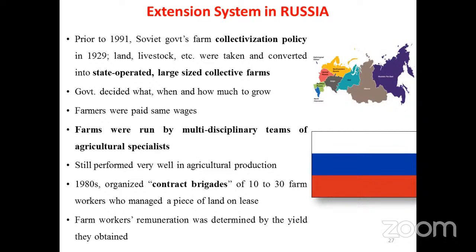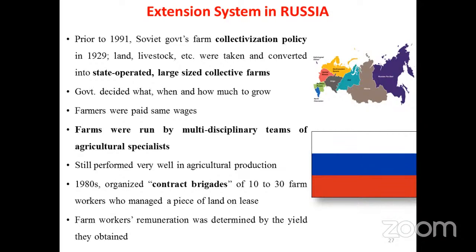They had this socialism. So again, the farms' property didn't belong to one person but to the state. Earlier, before the disintegration of the USSR, they had this collectivization policy of land and livestock and almost everything else.